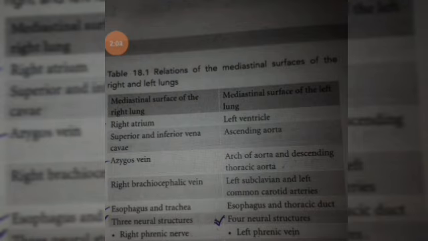This aortic arch will give off branches. Branches of the aortic arch include the brachiocephalic trunk, of course, your left common carotid, and your left subclavian artery.